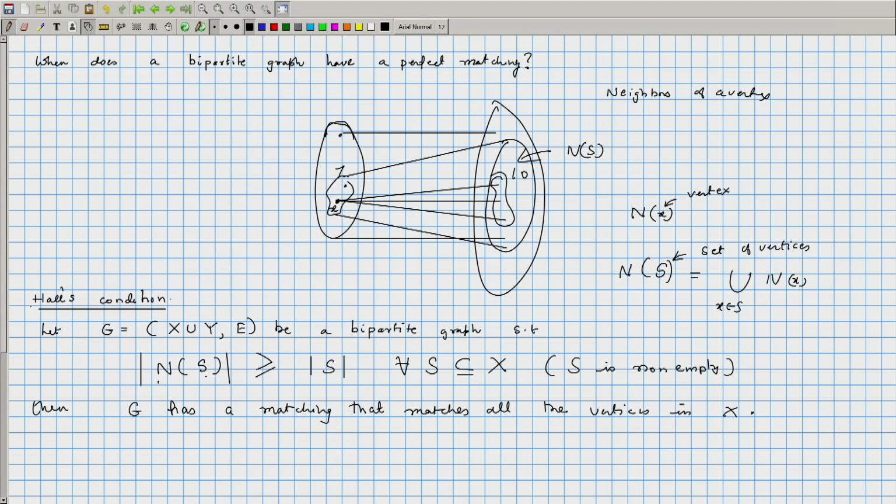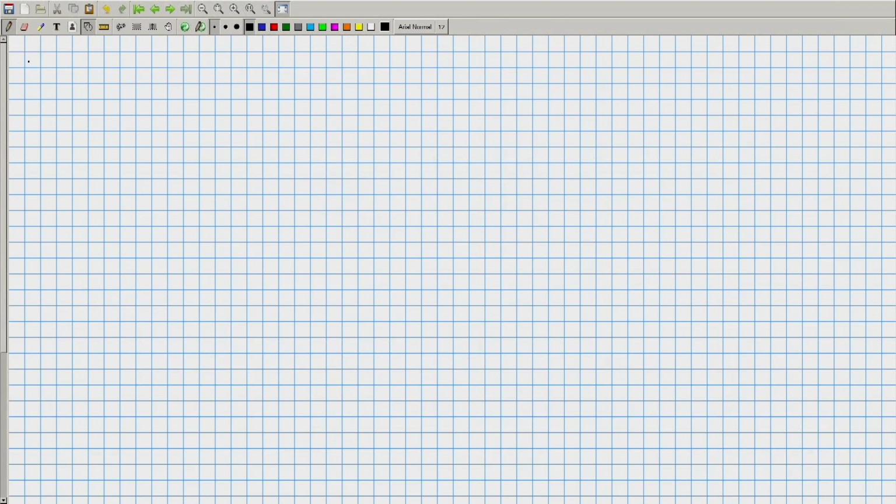If for some set S the size of that set is greater than the number of its neighbors, then clearly that set at least cannot be matched. So, what we will prove is that when N(S) is greater than or equal to S for every subset S, G will contain a perfect matching. This is what we have to prove.